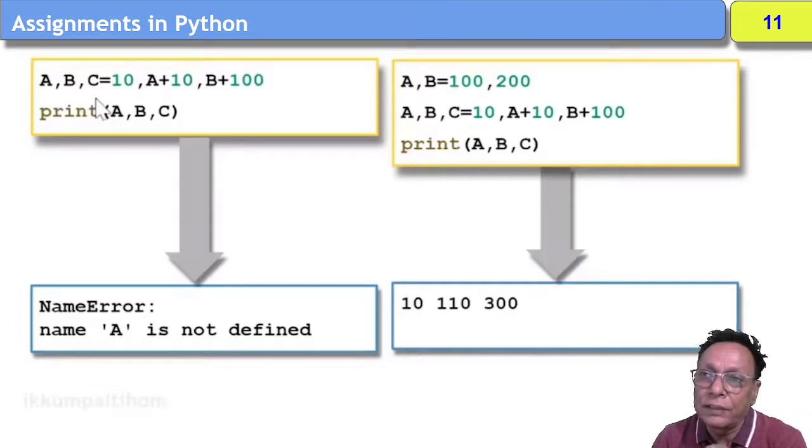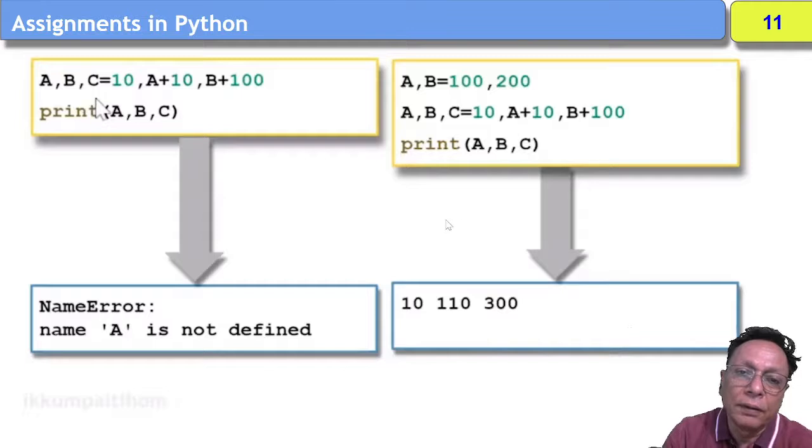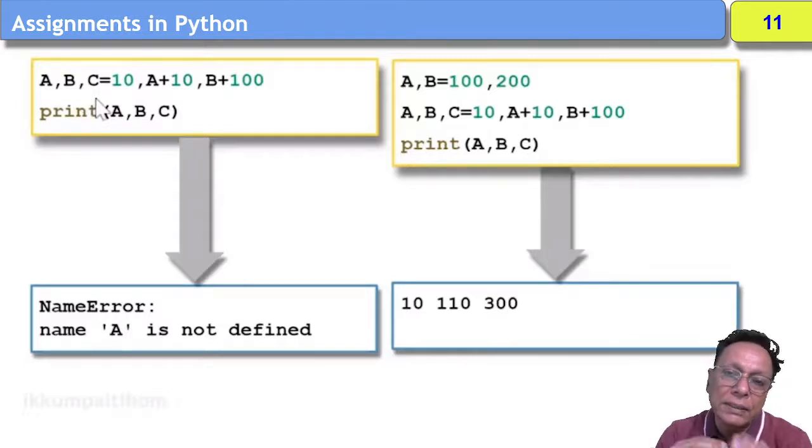What error will you see? A, B, and C, there are three identifiers, but the corresponding R values are 10, A plus 10, B plus 100. As such, there is no problem at all in this expression.